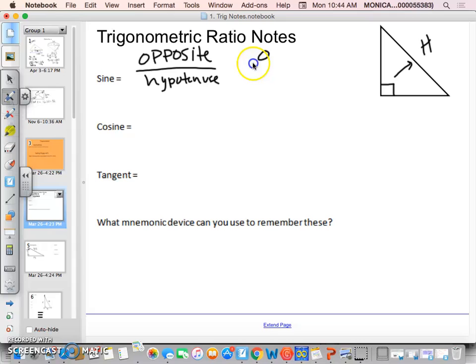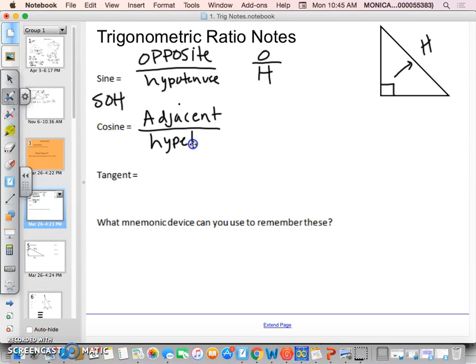We call that O over H, or we say SOH. That's how we pronounce it. Then you've got cosine, and cosine is always going to be the adjacent side over your hypotenuse. We say A over H, or we call this CAH.